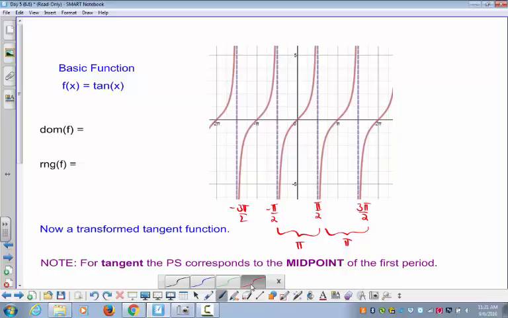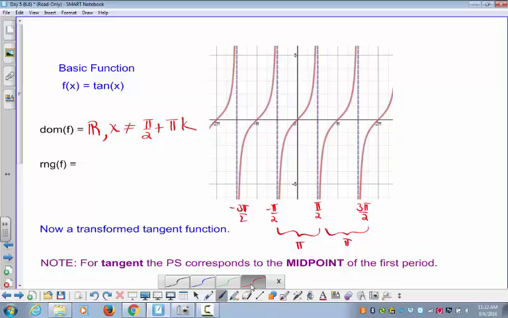So for our domain, we say that x has to be a real number, but it's not allowed to be an asymptote. So we go to the first non-negative asymptote, which is pi over 2, and then we add the distance between consecutive asymptotes, which is pi, multiplied by k, which is our counter.